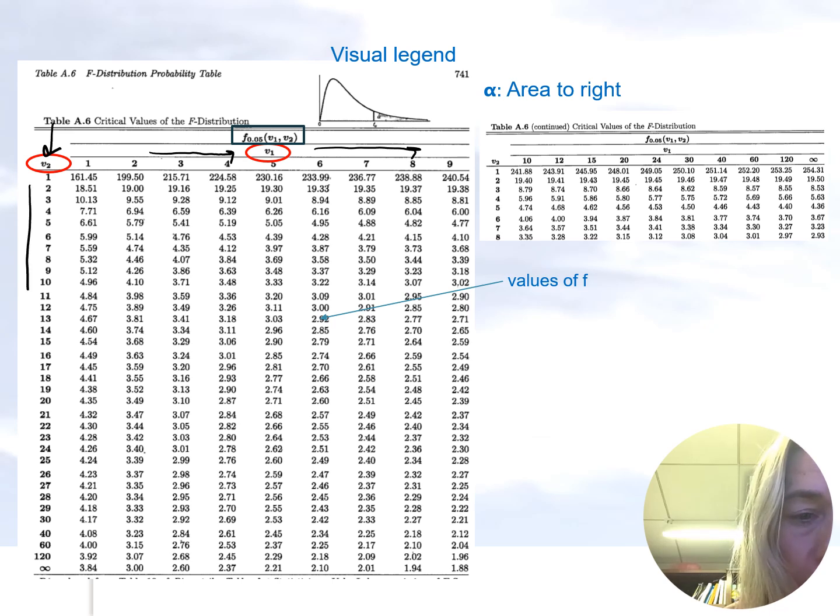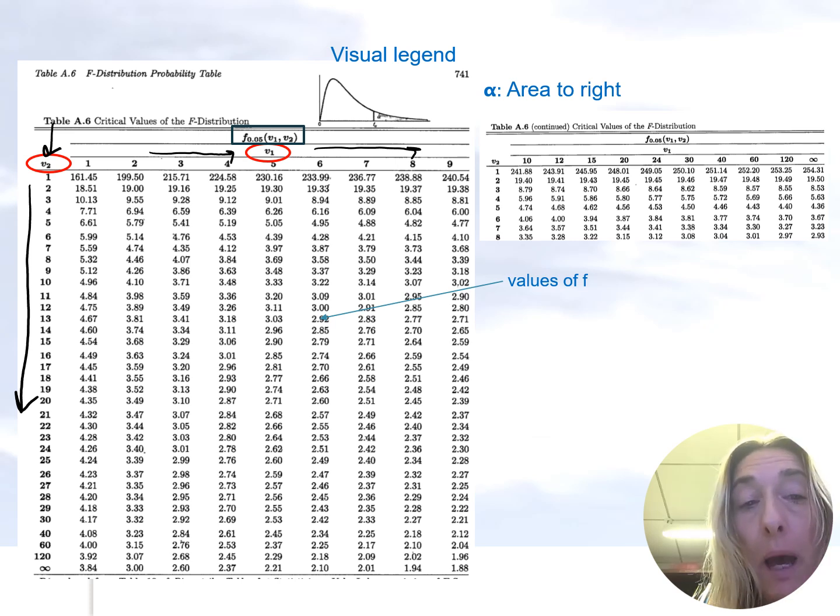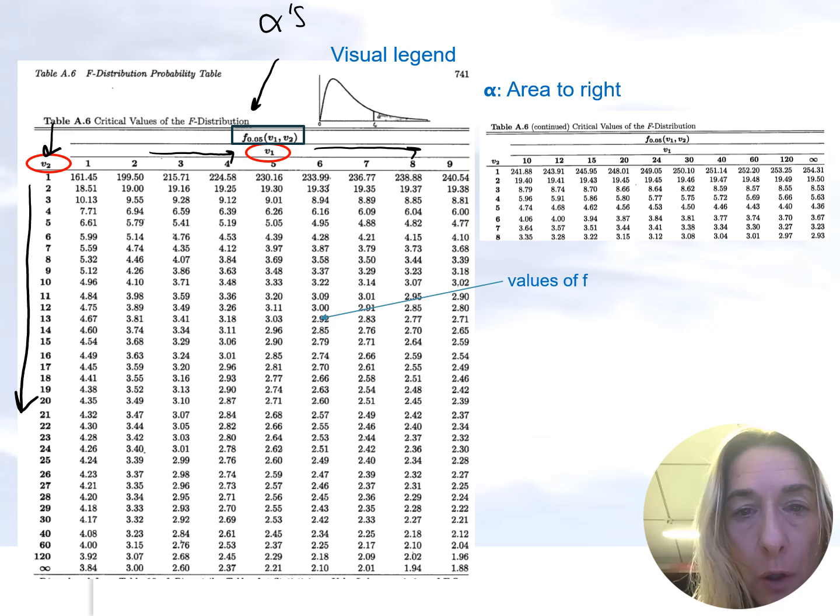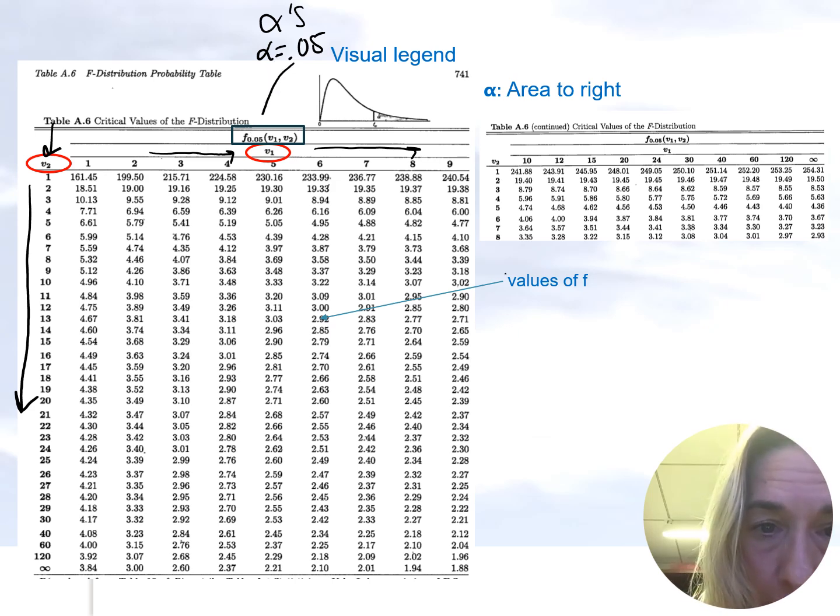Nu2 values are specified down the left-hand side. Because these column and row headers are now taken up by values for nu1 and nu2, that limits the alpha values that can be specified in these tables. For this particular table, the alpha value is 0.05, and you know that because the subscript is shown as 0.05.